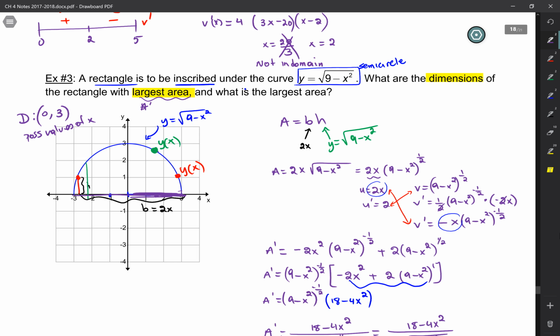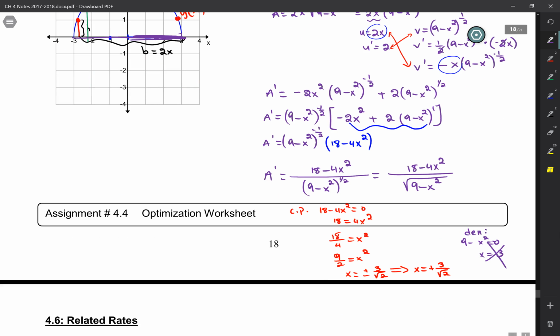You can't have a negative length. So x can be from 0 to 3, but it can't include 3 because you can't have a rectangle of length 3 here. That's the maximum. You can't have an x of 0, then you have no rectangle. If you have a 3, there is no room for you to make the sides. So that's why x equals 3 here is not a critical point.